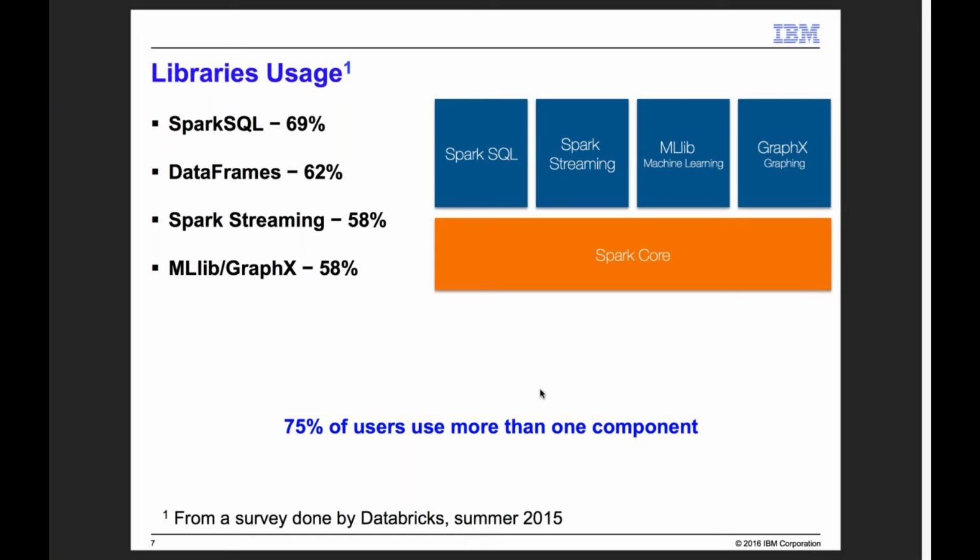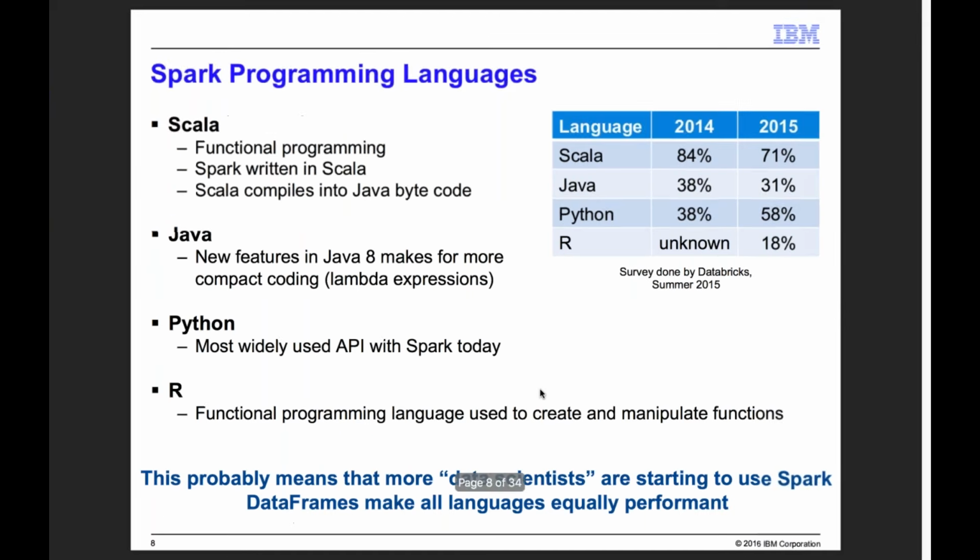So that speaks to the interest in Spark from the community. The other key important piece is multiple languages: Scala, Java, Python, and R, and probably it's going to support many other languages as we move on.